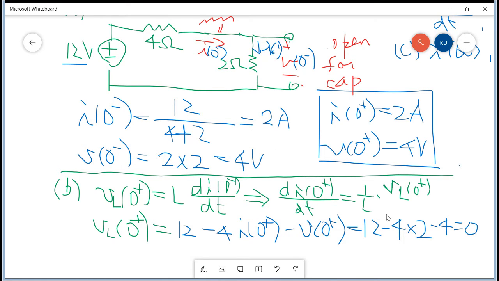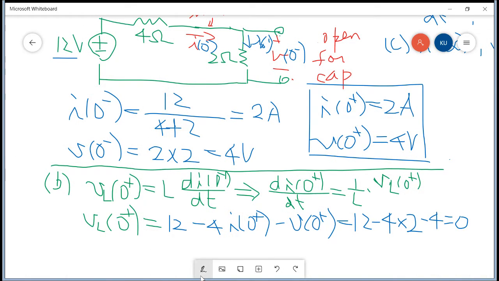As long as VL(0+) is 0, we know that dI(0+)/dt is also 0.